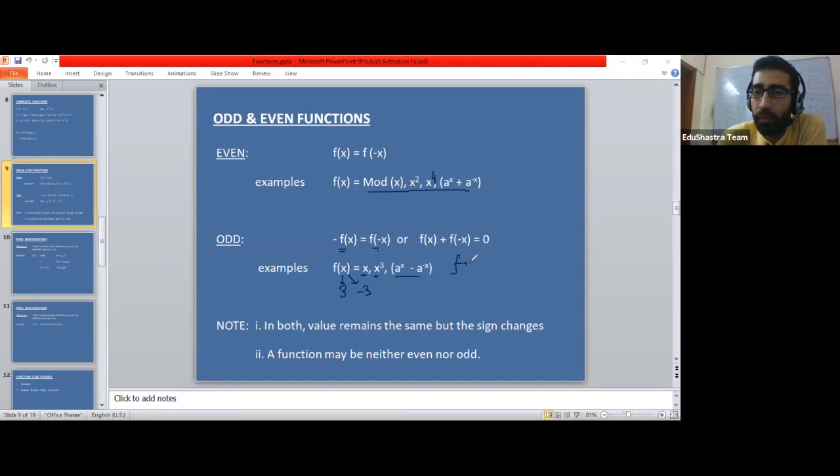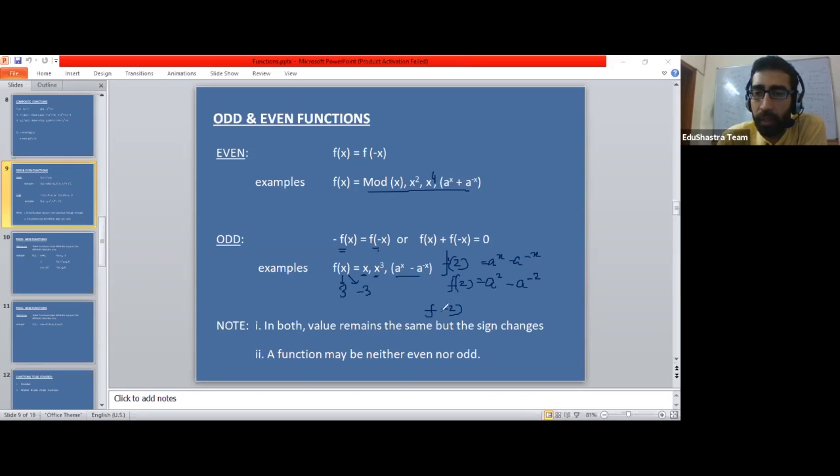So if f of x is equal to a to the power x minus a to the power minus x, say you take f of 2. You get a squared minus a to the power minus 2.